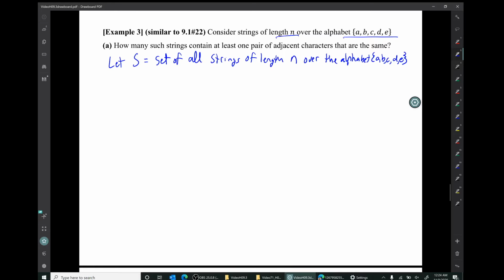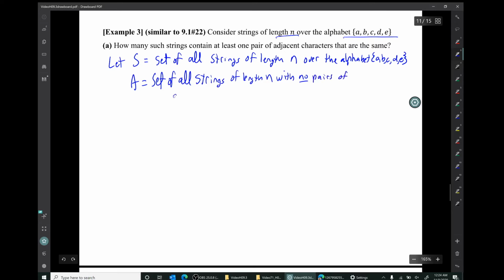Let's let set A be the set of strings of length n that have no pair of adjacent characters the same. Now we are interested in the set of strings that contain at least one pair.